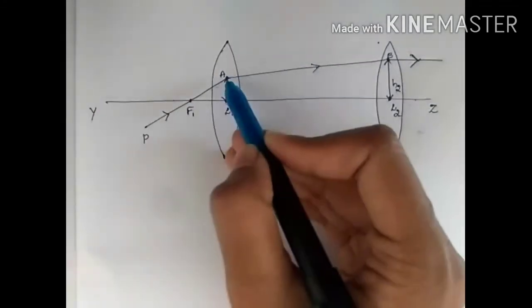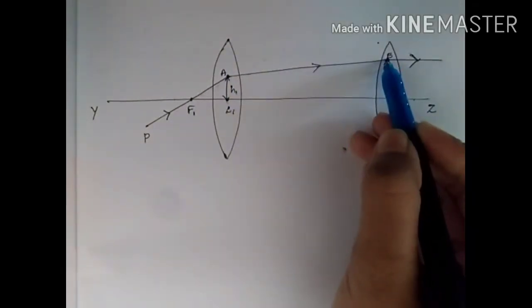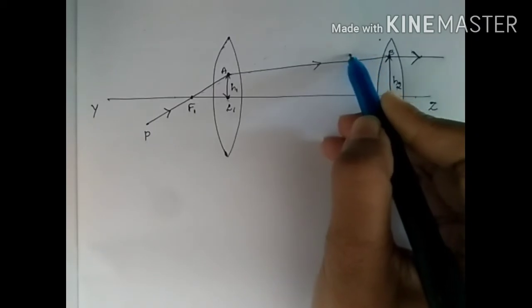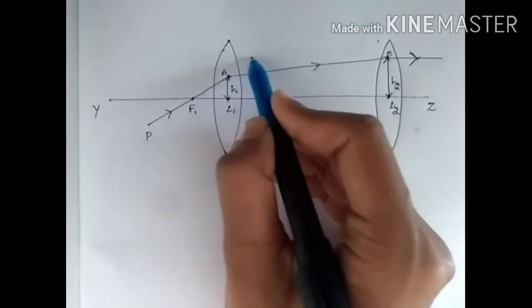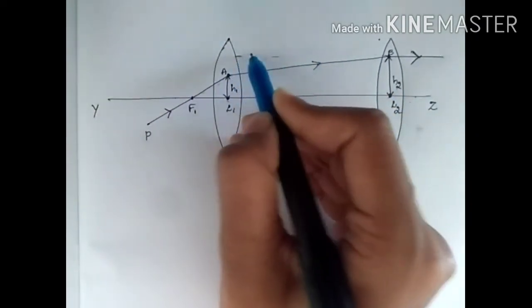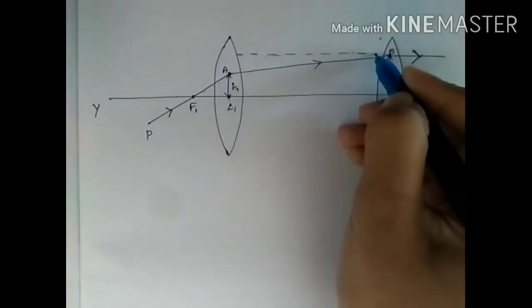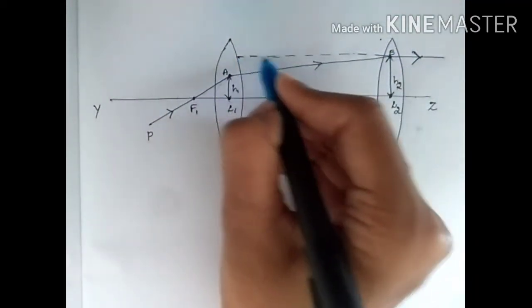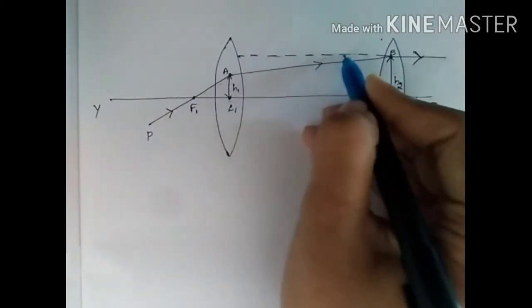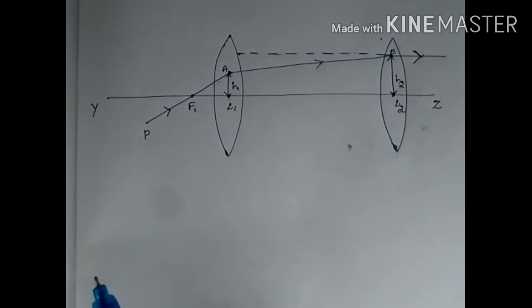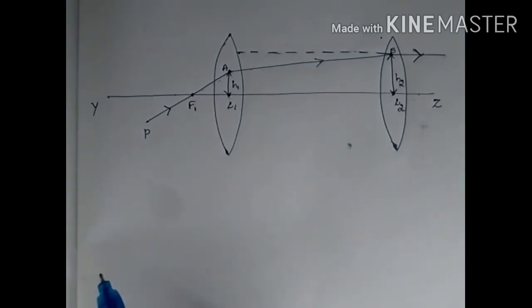Now you have the incident ray and the emergent ray. Let us extend these two lines and see where they meet. The dotted lines represent the extension of the incident ray and the refracted ray.